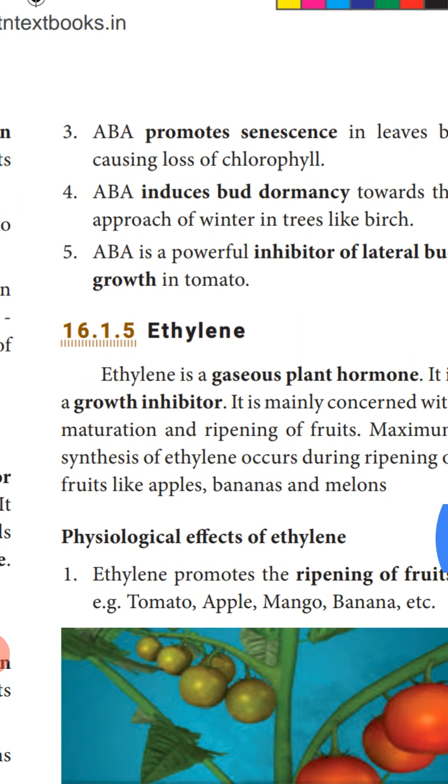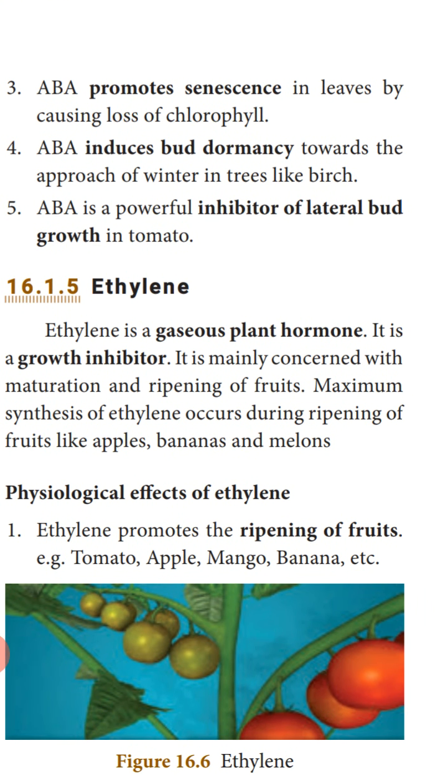Next physiological effect of abscisic acid is it promotes senescence. What is it? It is the time period from maturation to death. Or we can also understand it as: as the plant matures, the cells start losing their function. For example, when a leaf is maturing, what will happen? How can you identify the leaf is maturing?